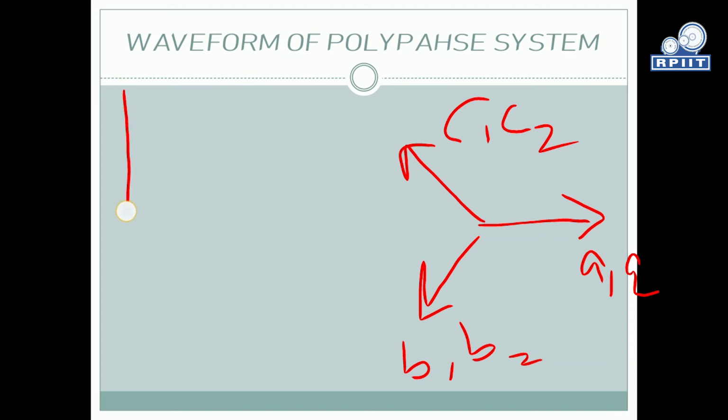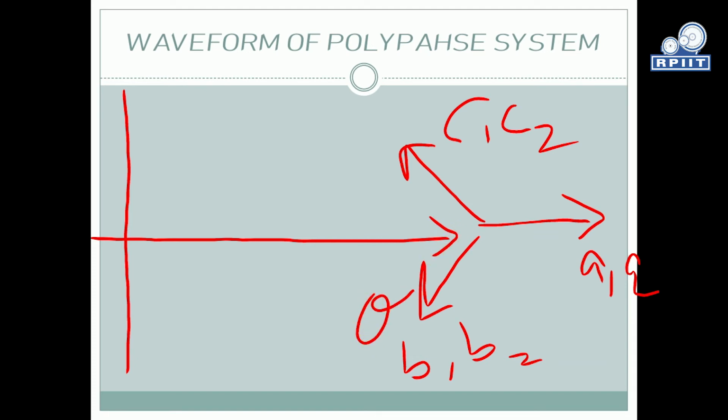So we will plot the waveform of the three-phase system against theta, and the voltage is represented here by E. So here we can see phase A, A1, A2. The EMF induced in coil A1, A2 is 0 and is increasing in the positive direction as shown in the waveform.